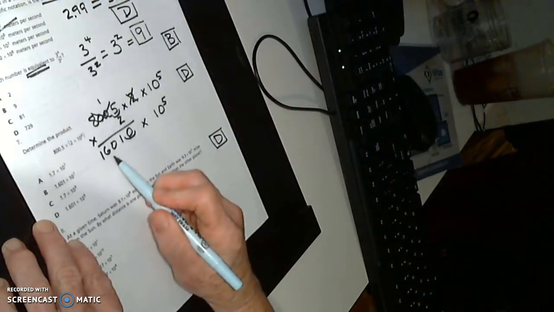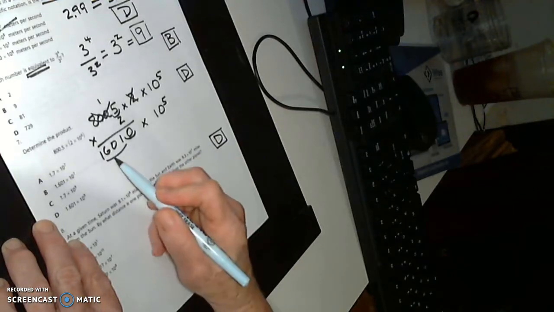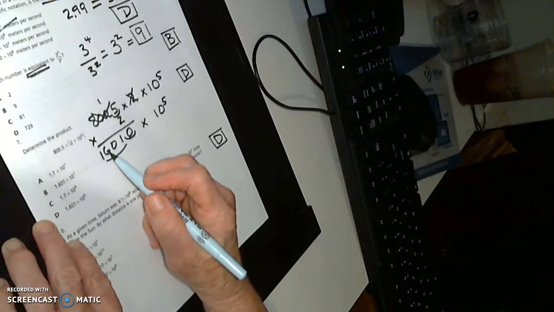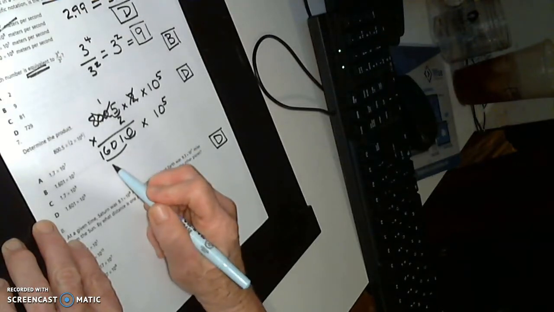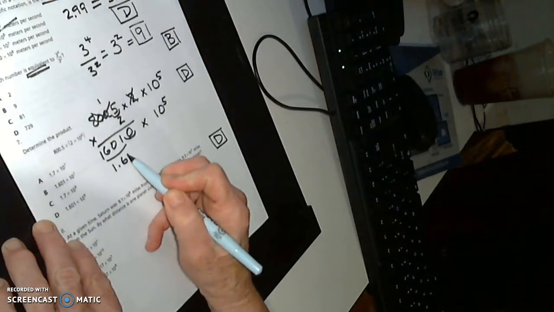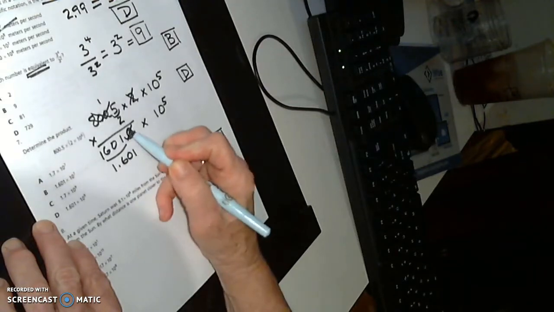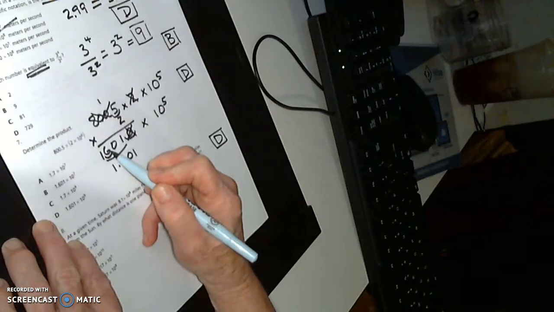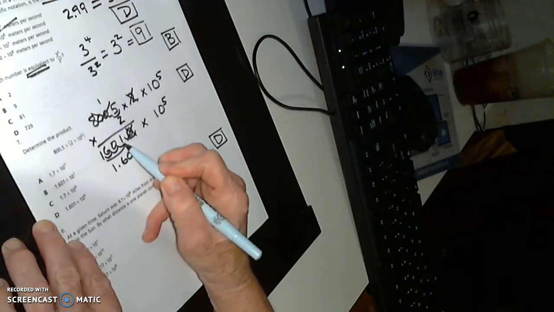I know that this is not in scientific notation, but I can easily put it there by changing 1601 to 1.601. I don't need that extra 0. And in doing so, I am adding 1, 2, 3 spots.